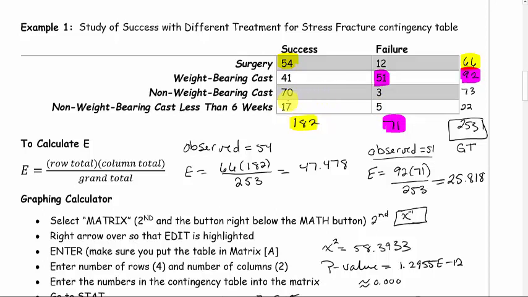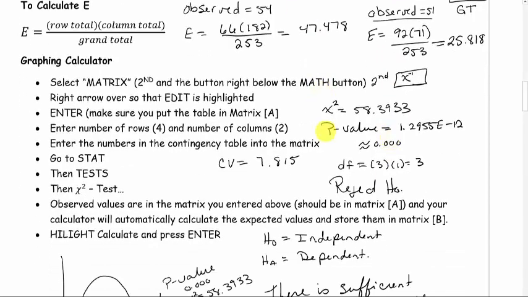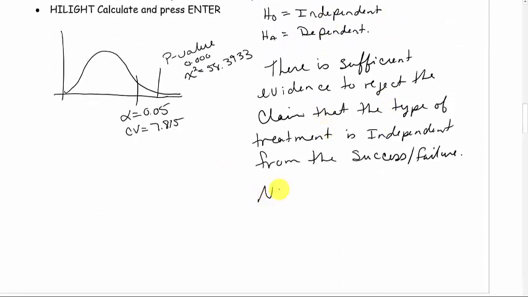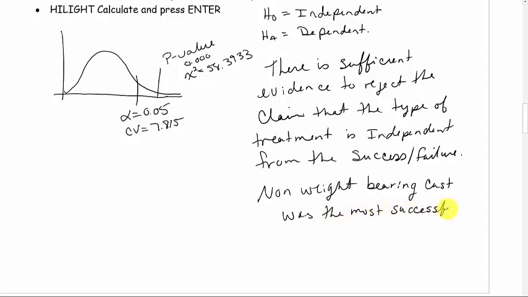It looks like from the data in our table that the non-weight-bearing cast was the most successful treatment. So basically what we're saying here is that the type of treatment that you had will have some effect on whether the treatment is a success or a failure.